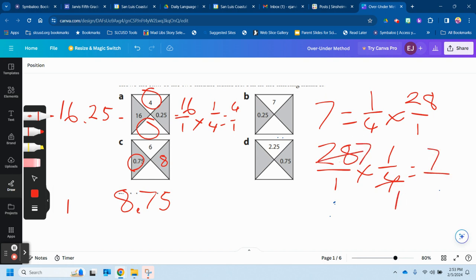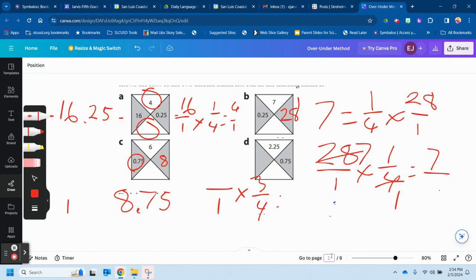It's 7. So it's 28. Then you add these to get 28 and 25 hundredths. I would just use the guess and test method here. What times 75 hundredths, or what times something over 1, and just plug in some numbers, times 3/4 is going to give you 2 and 1/4. So just plug in some numbers, check it out.